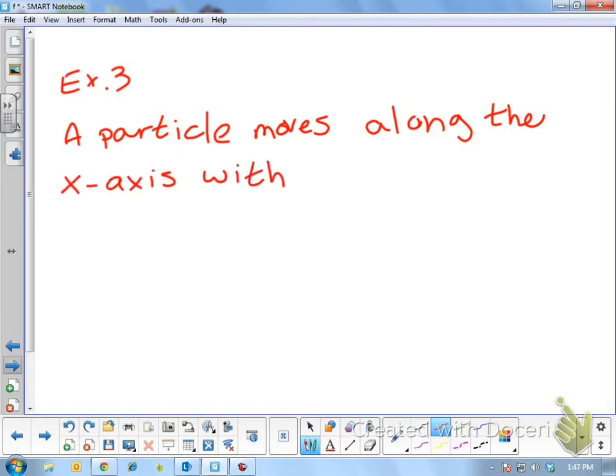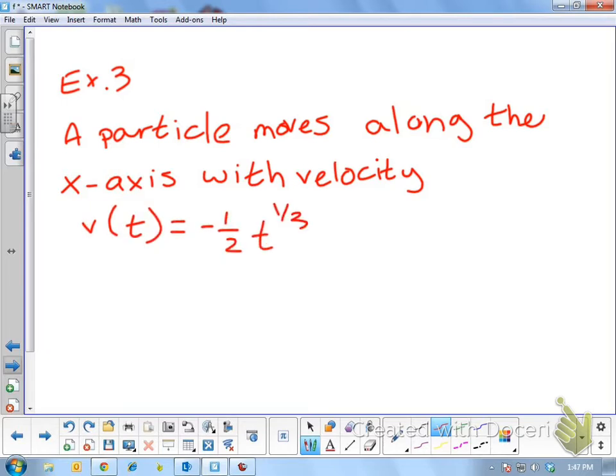Velocity v of t equals negative 1/2 t to the 1/3 plus 4/5 t to the negative 1/4. I just want to practice our fractions, so that's why I made one with a lot of fractions. I noticed. Meters per second.